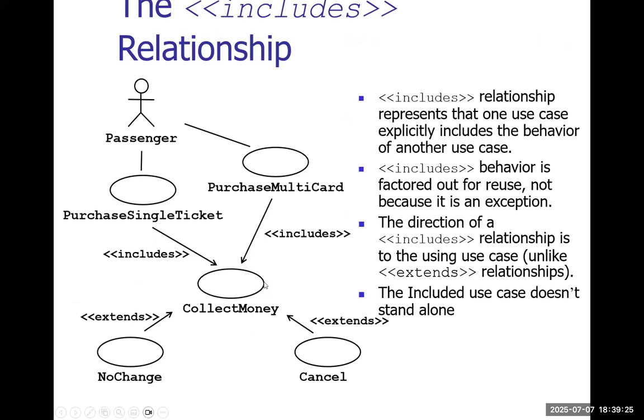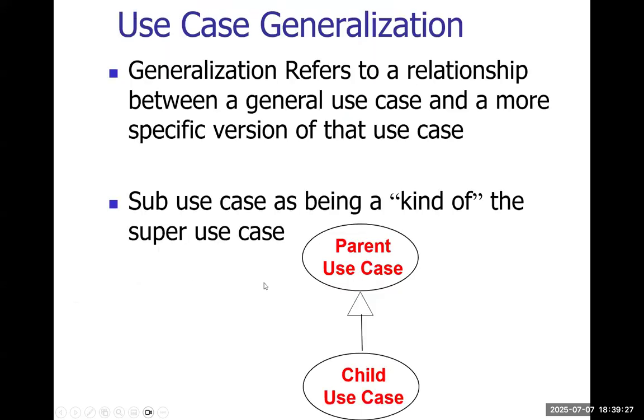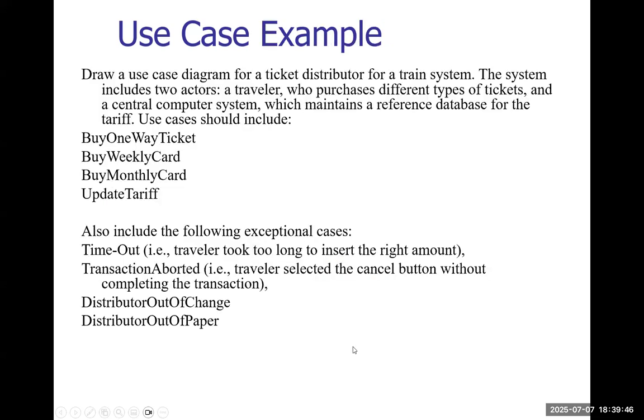This one becomes the include. Also, similar to the class diagram, you can have a general use case and more specific use cases. This can also apply here. Here we call them the parent use case and child use case.